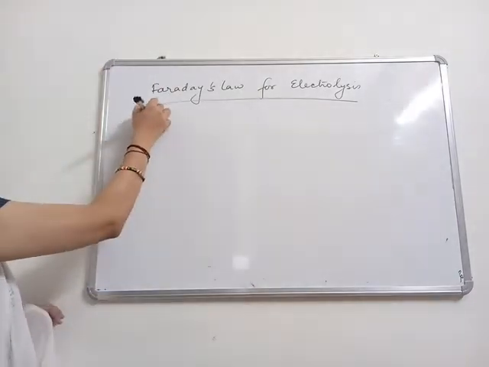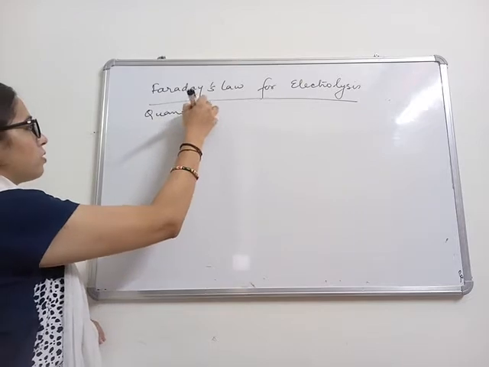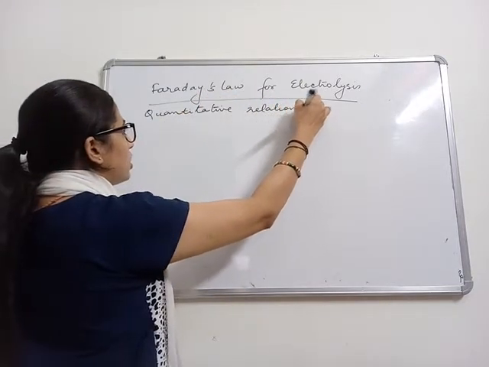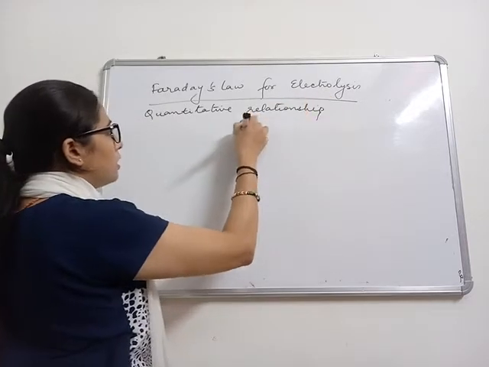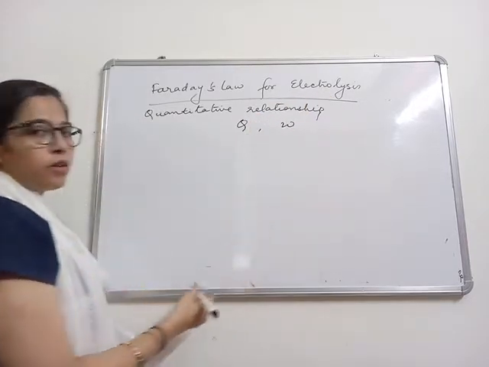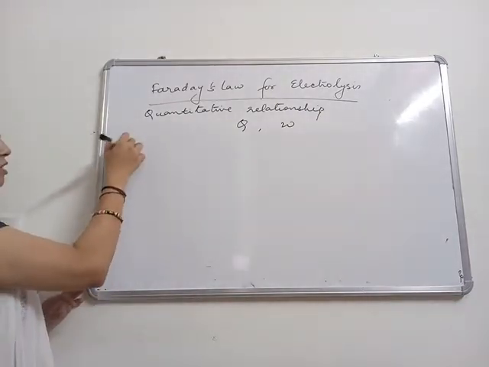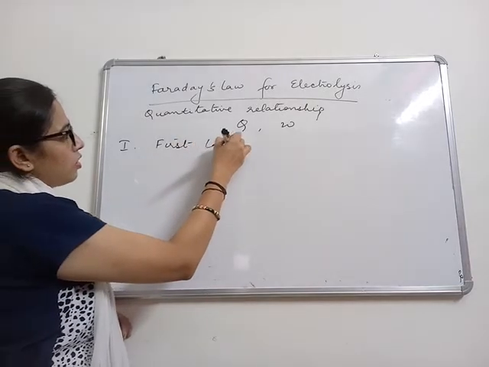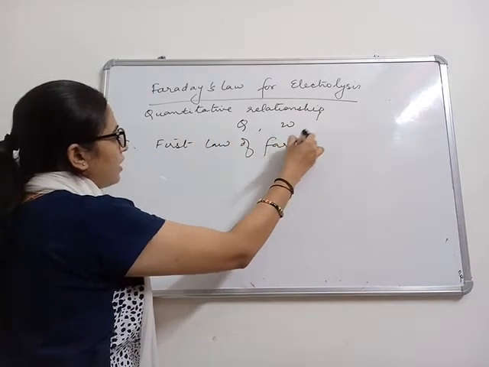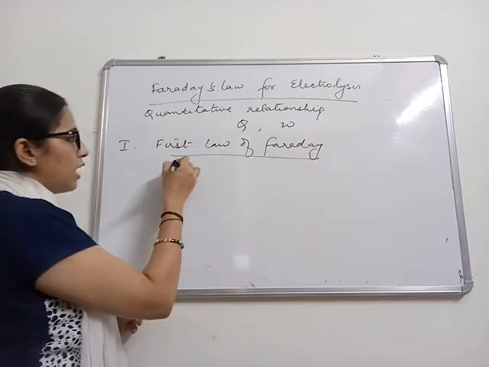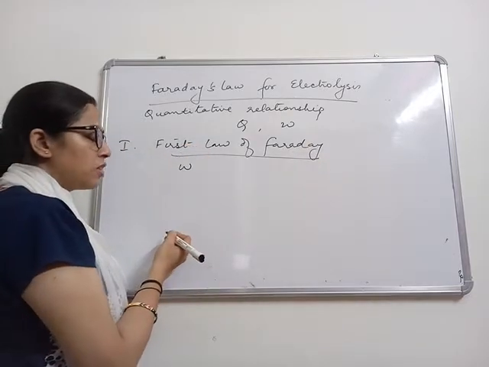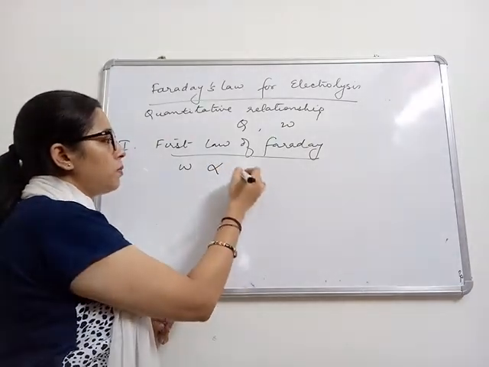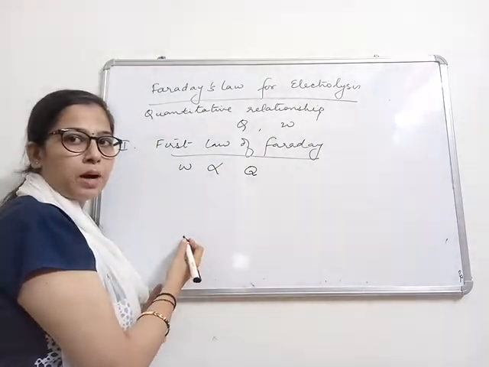So Faraday gave the quantitative relationship between the quantity of electric current and the amount of substance deposited and released. And the first law of Faraday states that the amount of substance deposited or liberated from an electrode is directly proportional to the quantity of electricity passed through it.